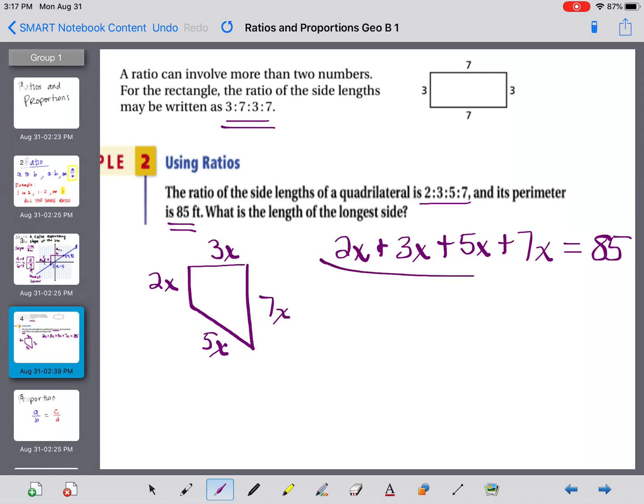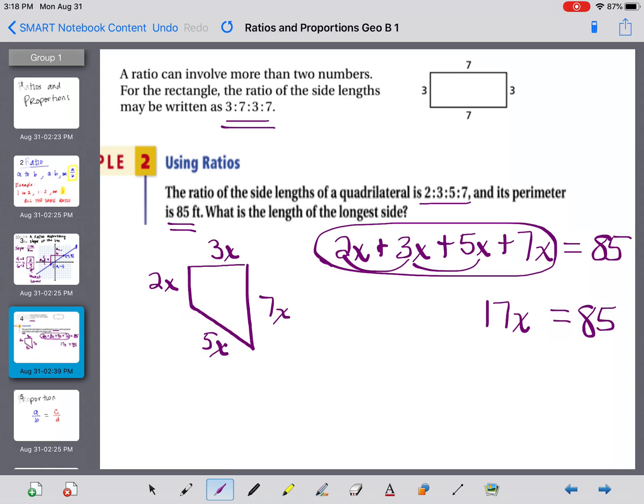Combining all of our x's, 2 and 3 makes 5, we add that to the 5, that's 10, plus 7 more, leaves us with 17x equals 85. To solve for x, we divide by 17 on both sides. We're left with x on the left, and 85 divided by 17 is 5.